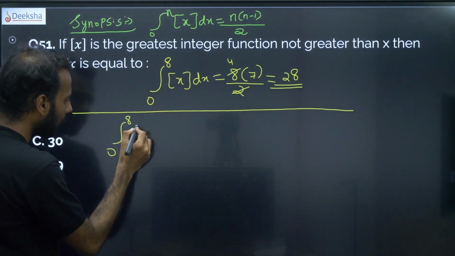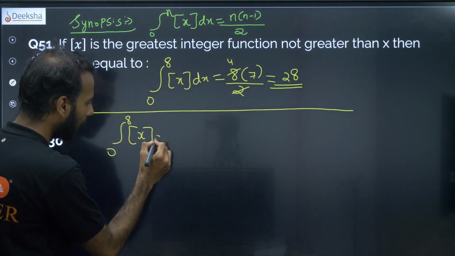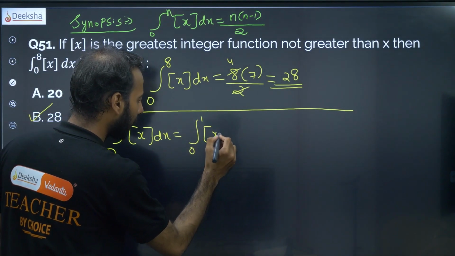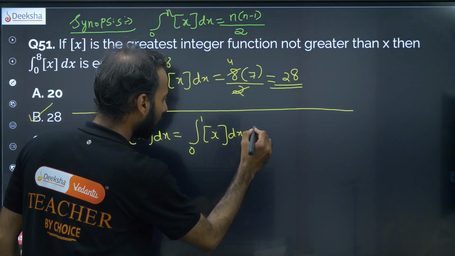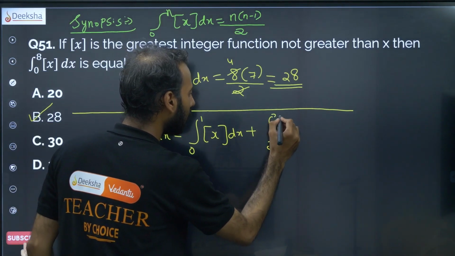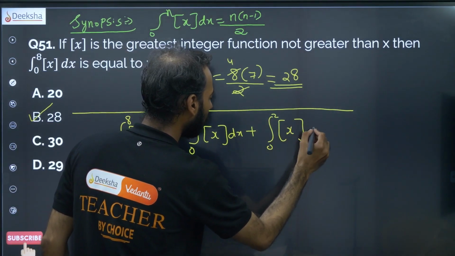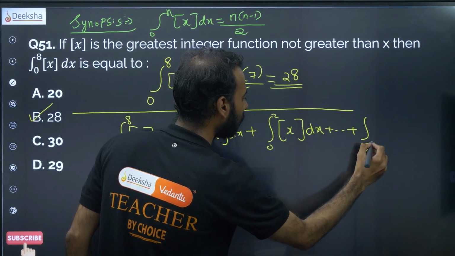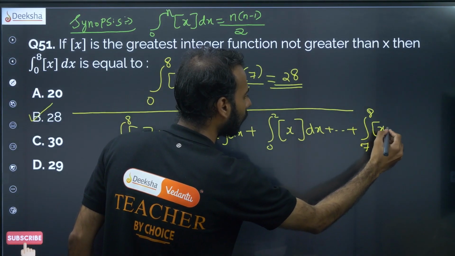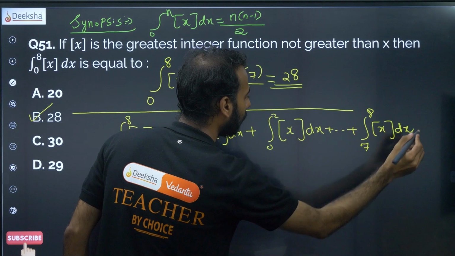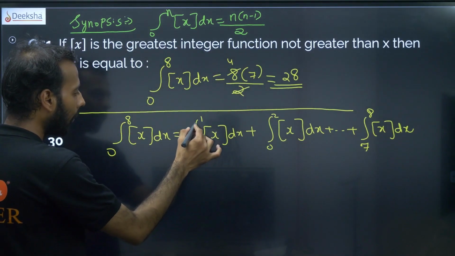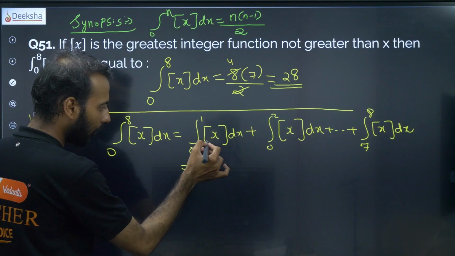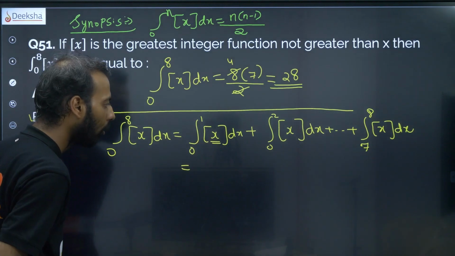Integral from 0 to 8 of GIF of x dx. This can be written as integral 0 to 1 of GIF x dx plus 0 to 1... sorry, not 2, it is 1 to 2 dx, plus so on, 7 to 8 of GIF of x dx. If I place between 0 to 1, say 0.5, if I am giving 0.5 as input to this, what happens?